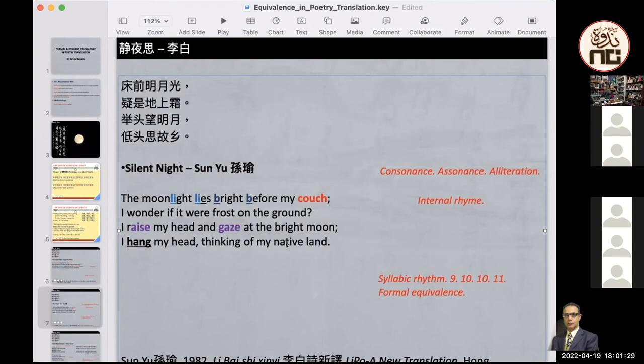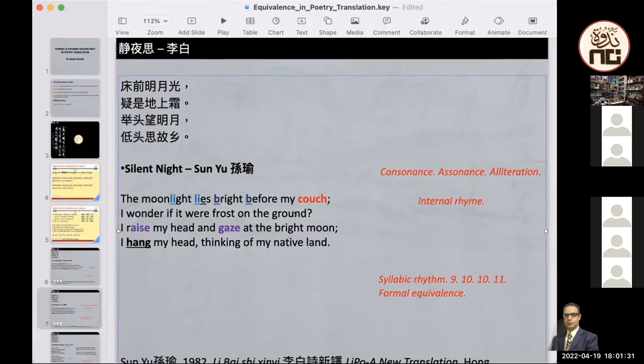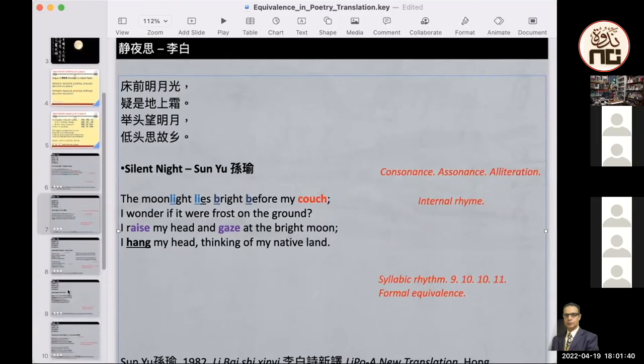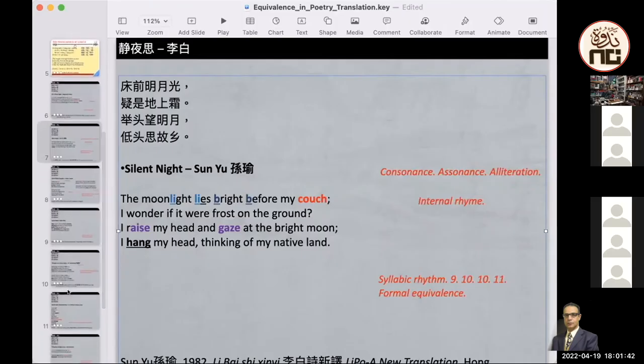Thinking of my native land. Couch, ground, moon, land. There is no end rhyme, but he did his best to include some musicality within the lines. Not bad. So I would say he used syllabic rhythm.